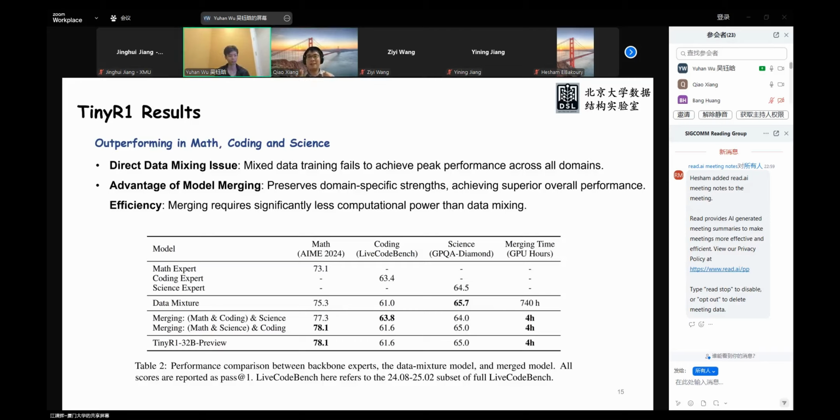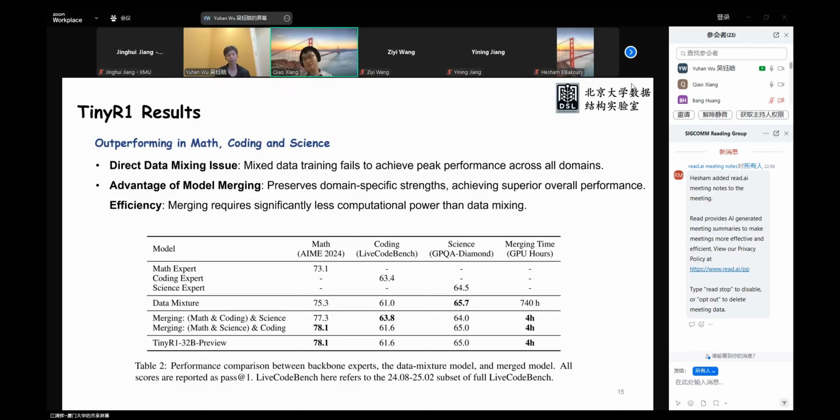Because we are still in the exploration phase, so far there are no universal principles or rules about in what order model merging works best. I guess it's still an open problem, right? That's your first reason.